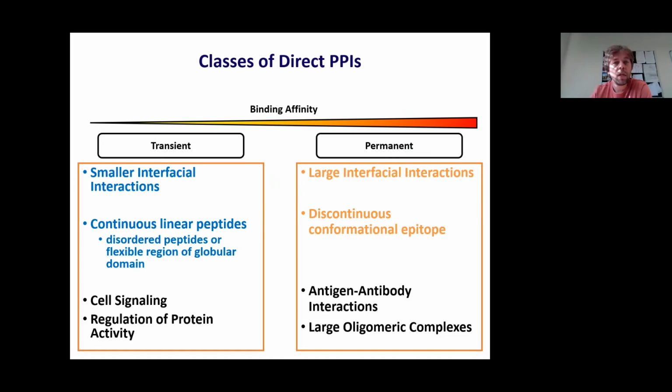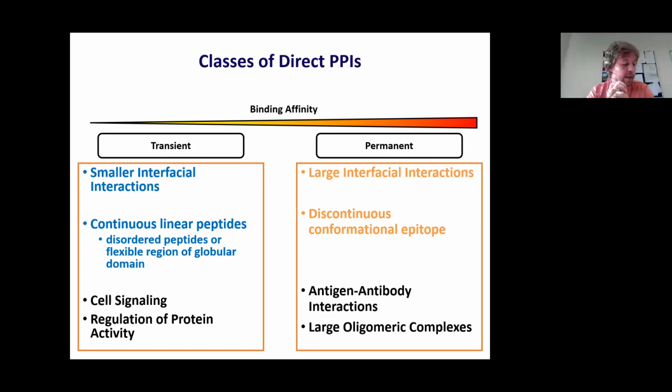Now, of course, transient protein-protein interactions, by their very nature, are very tough to get together. They're not particularly stable. So biophysical methodologies such as crystallography or NMR make it challenging to view an entire protein-protein interaction.